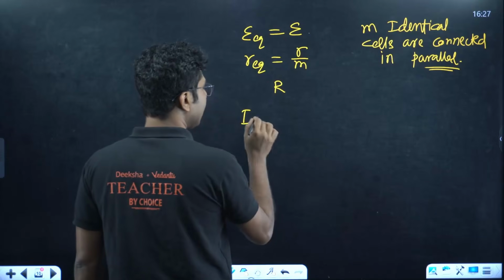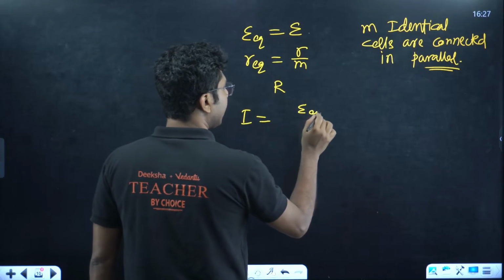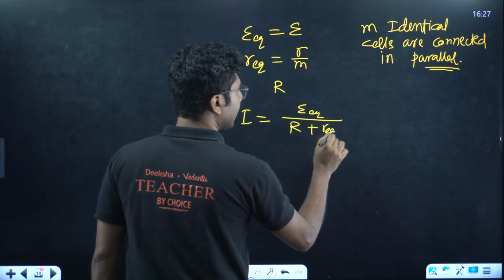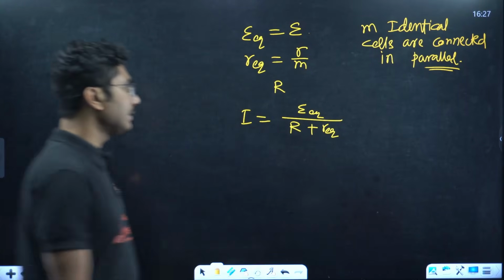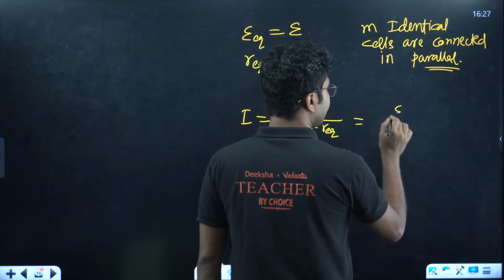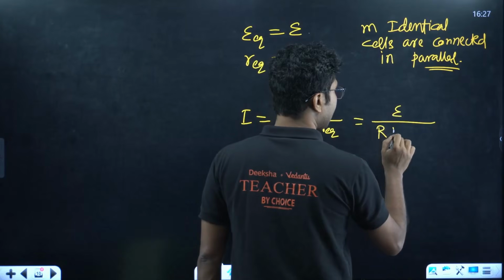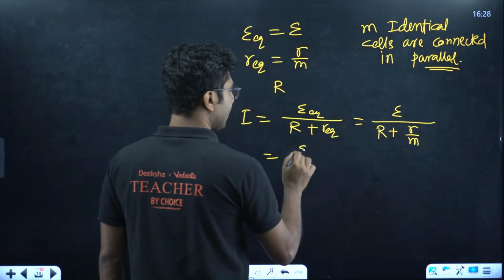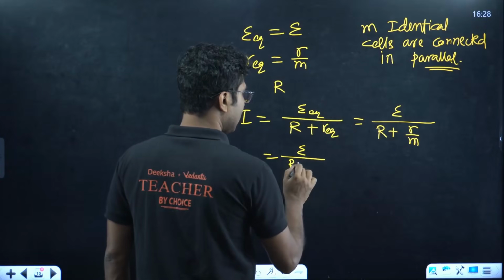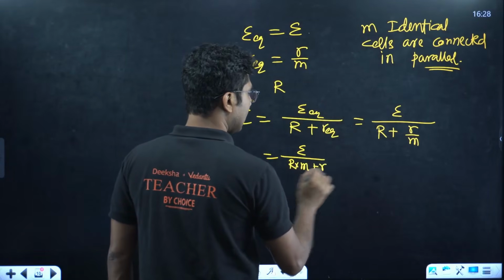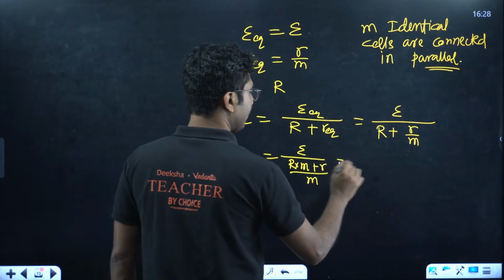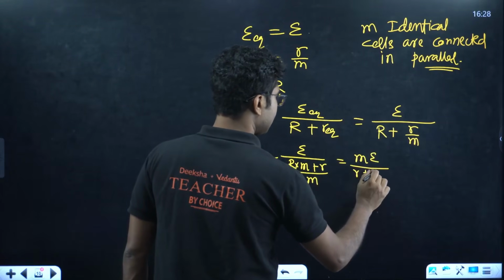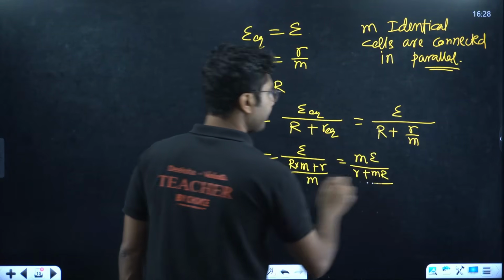So current will be E equivalent divided by external resistance plus equivalent resistance of the cell, right? Let's put those values. It will be epsilon divided by R plus r by m, so that will be epsilon by R into m plus r, whole by m. So it will be m epsilon divided by m R plus r.